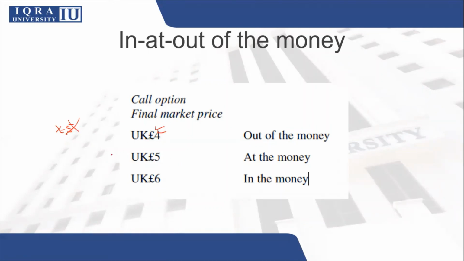At the money is when both of them are equal, and in the money is when the spot price is greater than the call option strike price, because in this case it is going to be exercised. So when it is going to be exercised and earn a profit, we say it is in the money. At the money you can also exercise it, but remember you still need to cover the premium, so you will not be able to get back your premium amount in the form of profit.